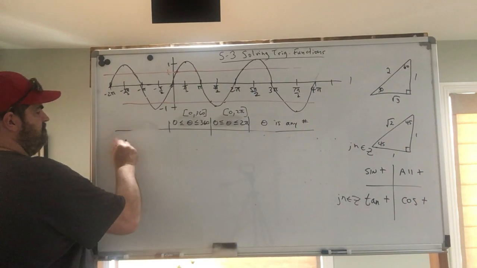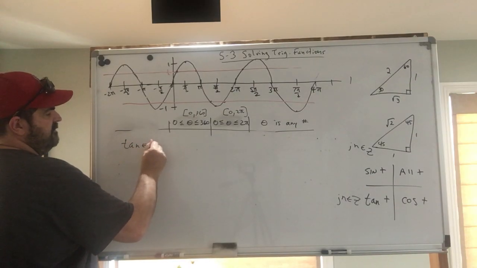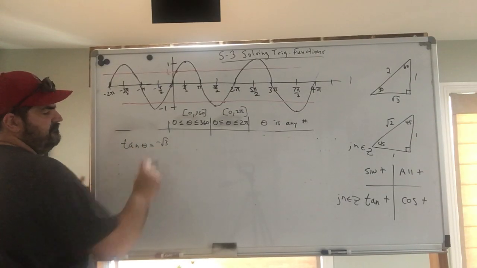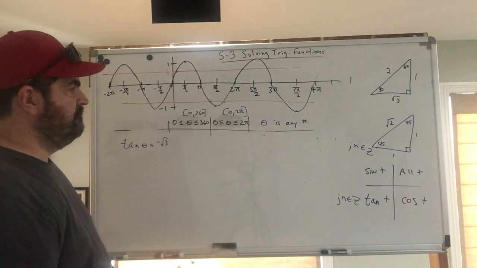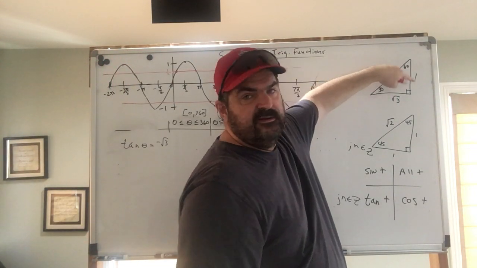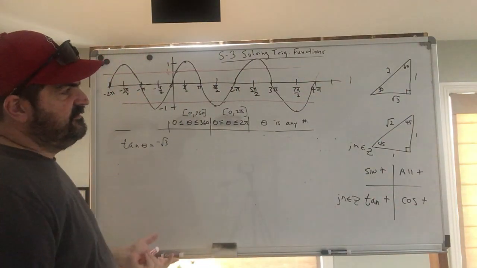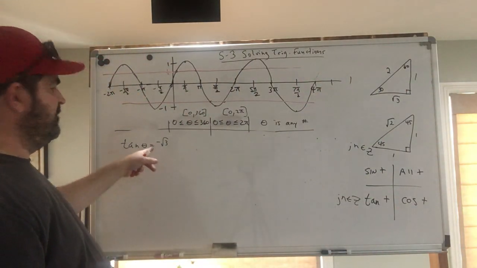So let's say we're looking for tangent of negative root 3. All right, tangent of 60 is root 3, root 3 over 1. Now your calculator won't say 60, it'll say negative 60 because you have the negative angle.